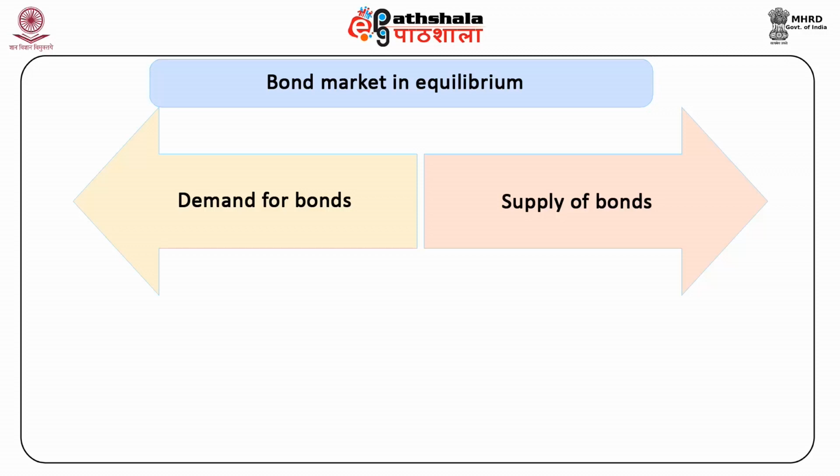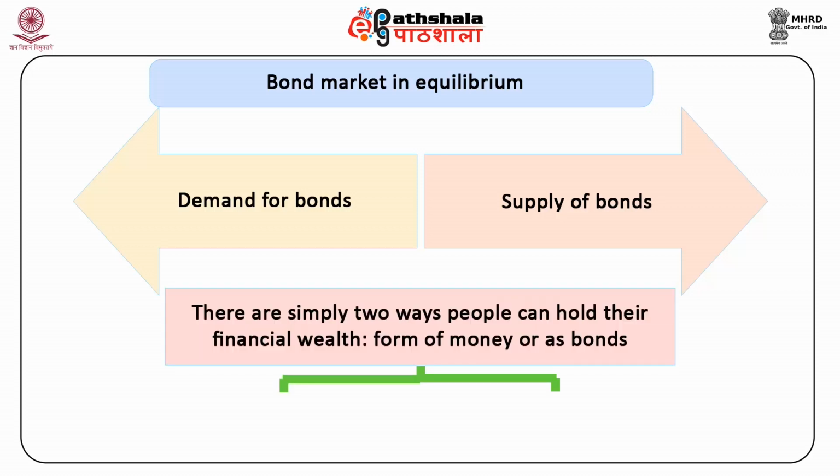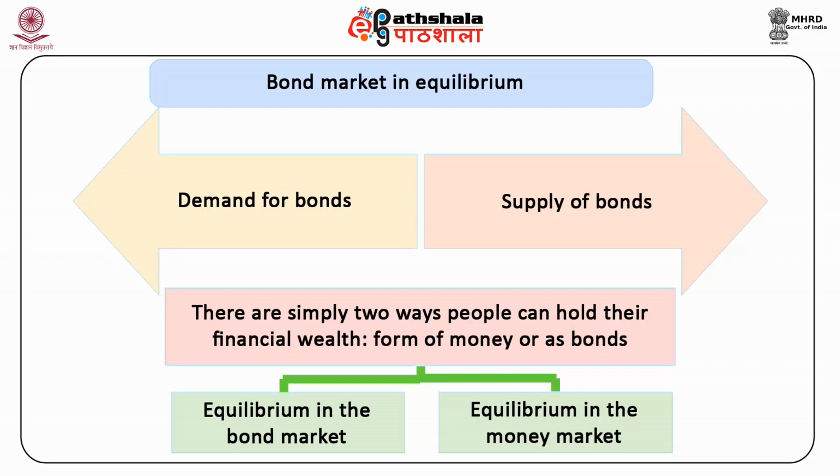In an economy where there are simply two ways people can hold their financial wealth, either in the form of money or as bonds, equilibrium in the bond market would also mean there is equilibrium in the money market.